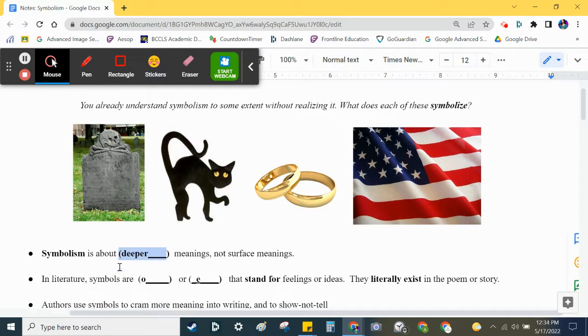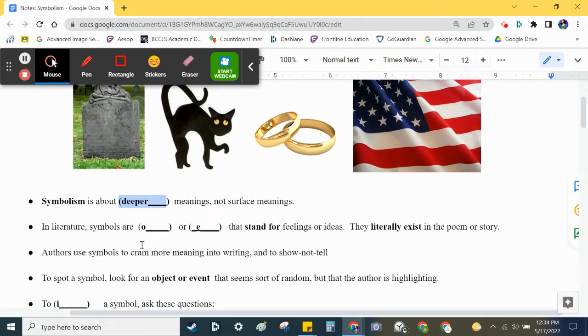And I'm emphasizing that because in literature, the symbol is not the deeper meaning. The symbol is an object or event that's actually existing in the poem or story. It actually is real in it, but it stands for a feeling or idea.